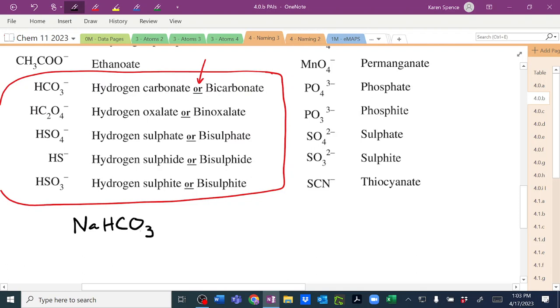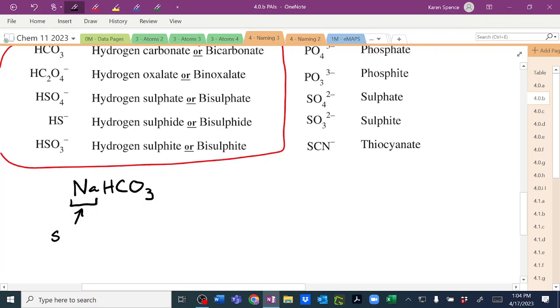If you had NaHCO3, we say, okay, that's sodium. Sodium is in group 1. Do we need a Roman numeral? Do things in group 1 need a Roman numeral? No. Now I want you to watch out for this. Sometimes people get carried away and they're like sodium hydrogen carbon oxide. Don't do that.